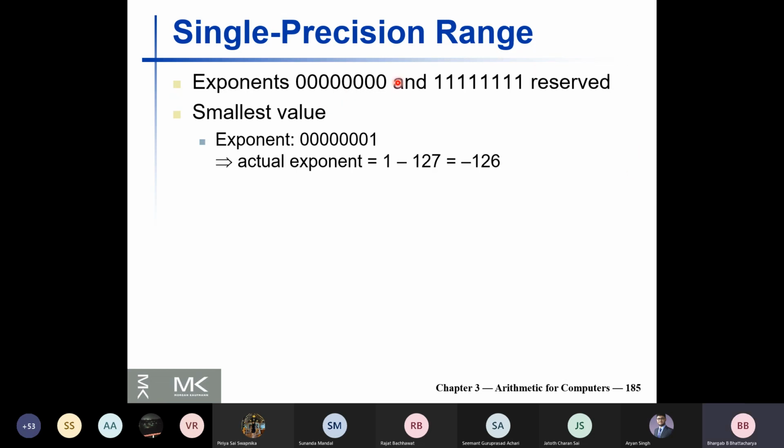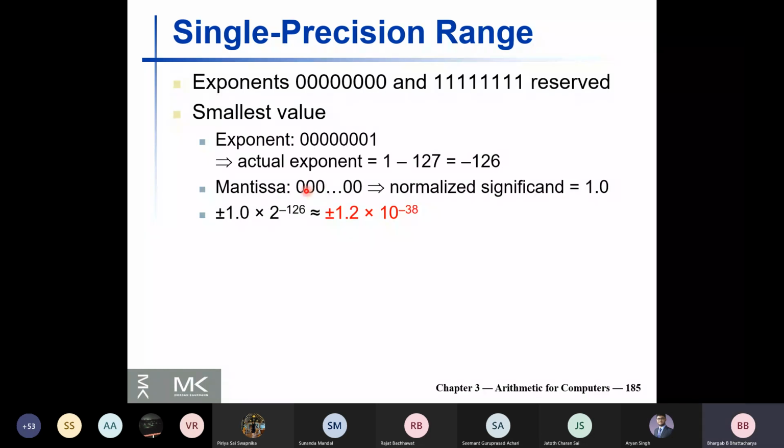So the smallest exponent value that is available to use is this: all 0, with the least significant bit 1. In other words, the actual exponent is minus 126. This is the smallest exponent value which is representable in single precision floating point.